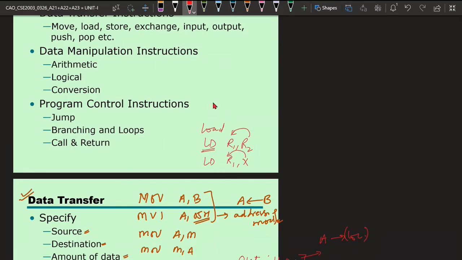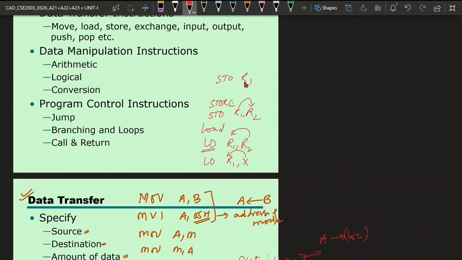Now store. For storing, it can use store or STO directly. It will be like R1 comma R2. Store means from R1 it will be storing the data to R2. Sometimes if it is STO and only R1 is written, that means it is a one address type of instruction.